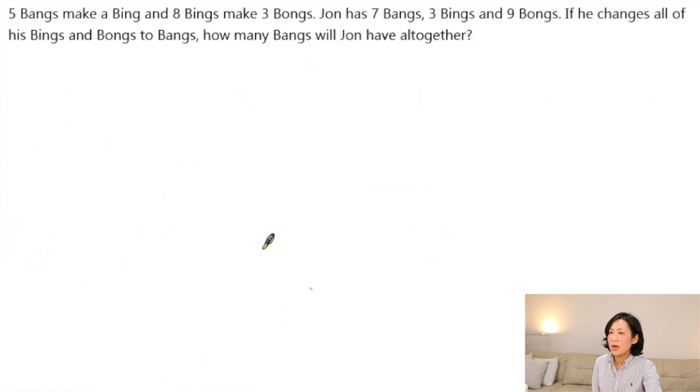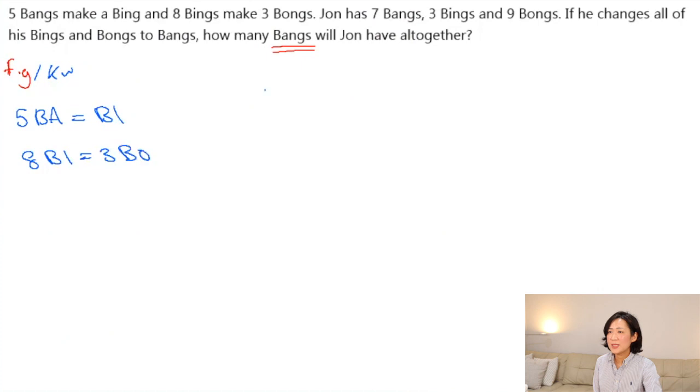Now this is our final question. So the final goal is finding how many banks we have. Let's have a look at the keywords. 5 banks make a bin, and 8 bins make 3 bongs.